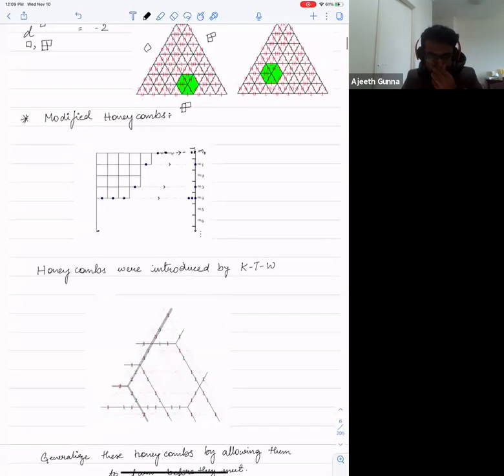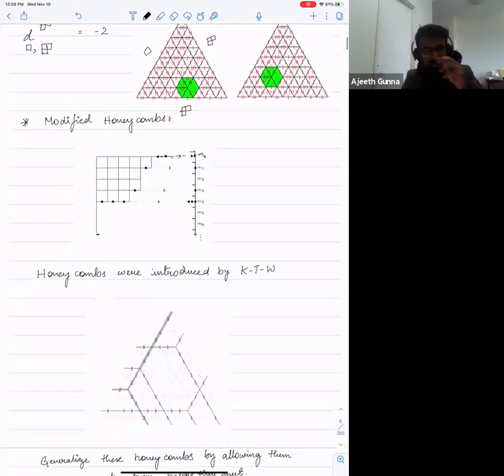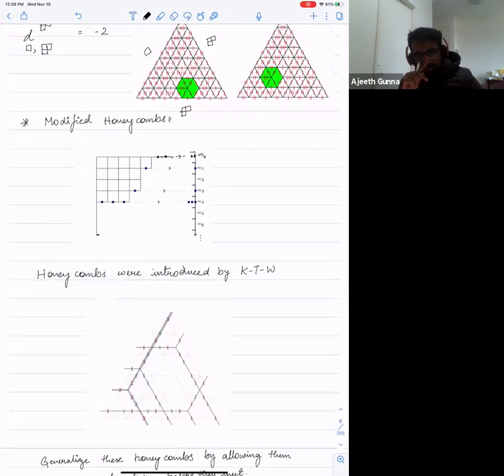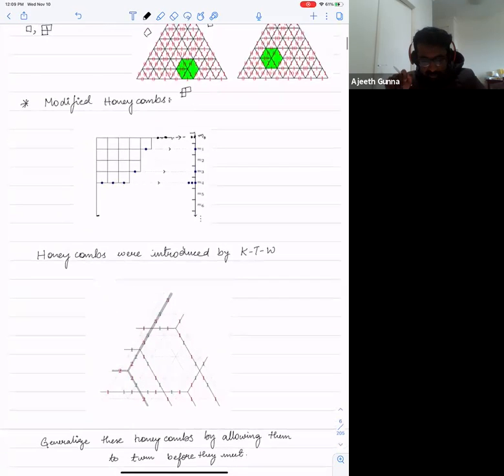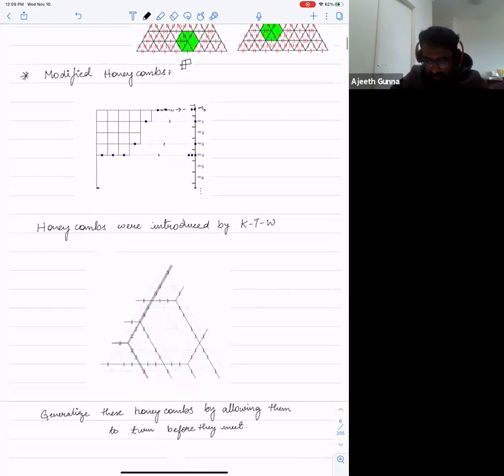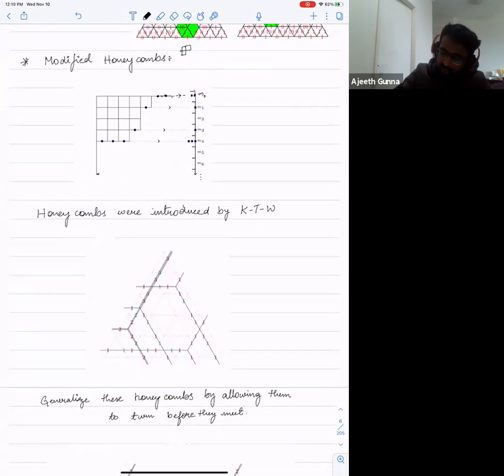Okay, so to get there, we started thinking about honeycombs. In this case, we'll encode a partition by column multiplicities. So here you have 2 columns of size 0, 1 column of size 1, 0 columns of size 2, 1 column of size 3 and 3 columns of size 4. That's how we're going to encode our partitions. Again, honeycombs were introduced by Knutson, Tao, and Woodward in their study of the saturation conjecture.